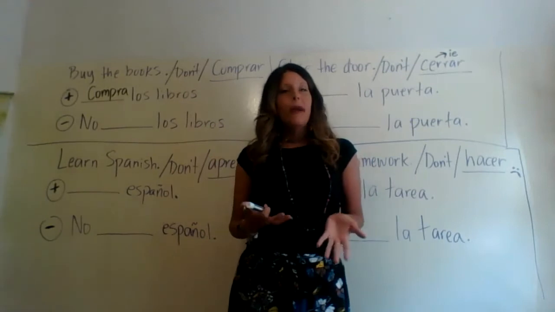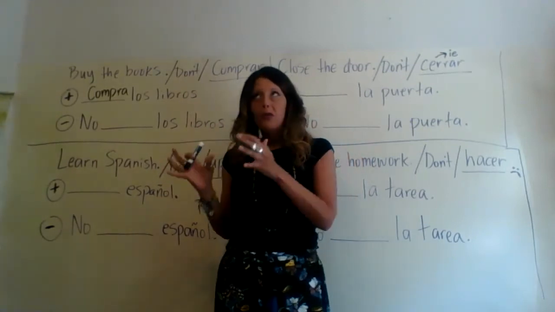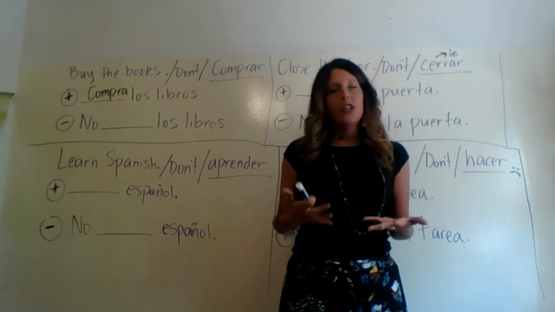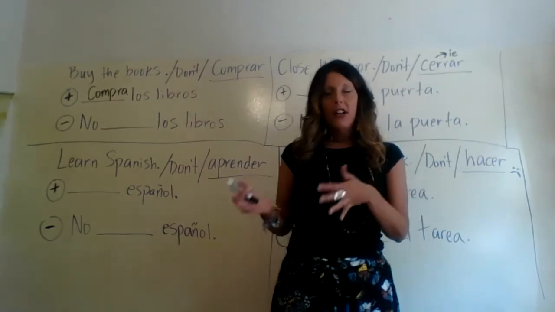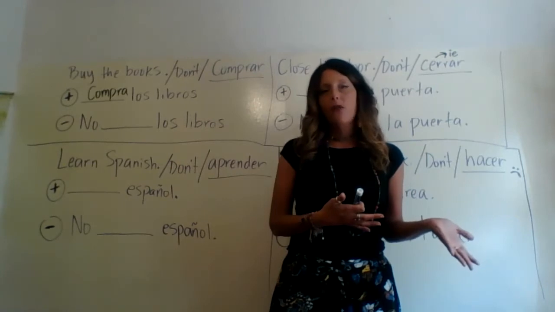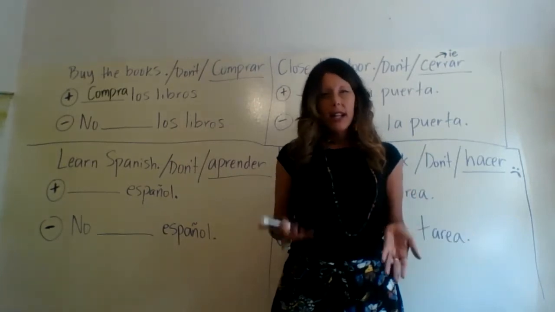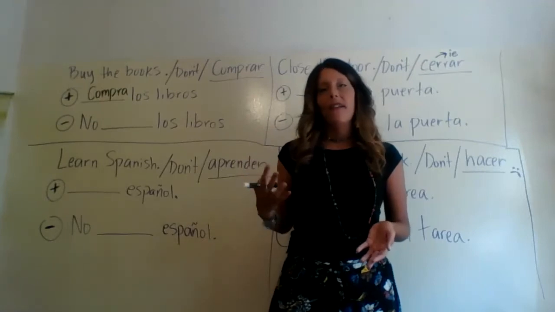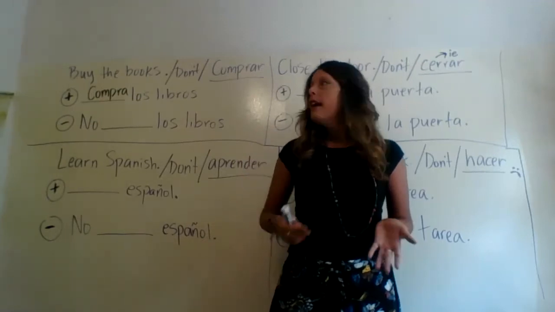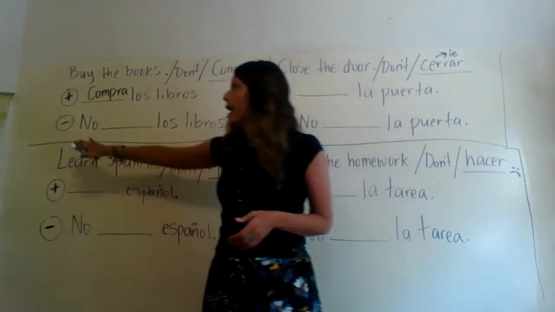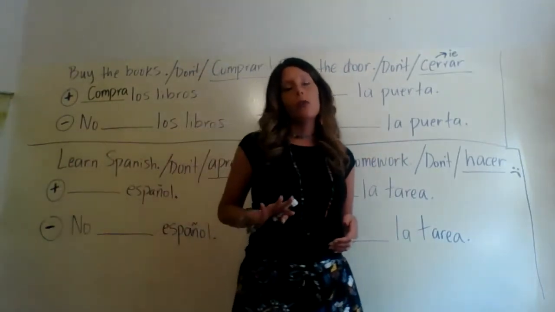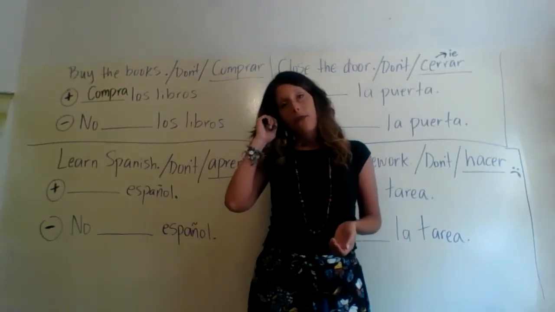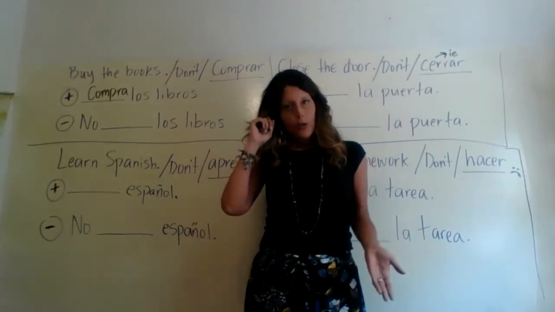So how do we make the formal usted command with the verb comprar? Just talking through this, because we already had lessons on this before, and not writing it down, but try to think ahead of me and figure out on your own. If I know that to make a negative informal tú command, my starting point is making a formal usted command, how do we do that?